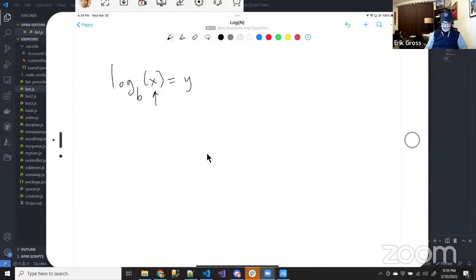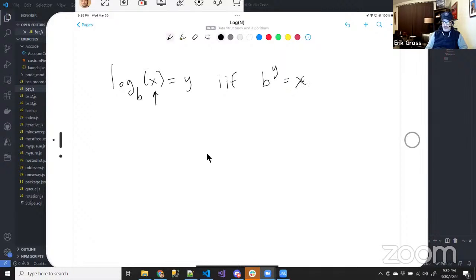And this is true if and only if the base to the power of y equals x.